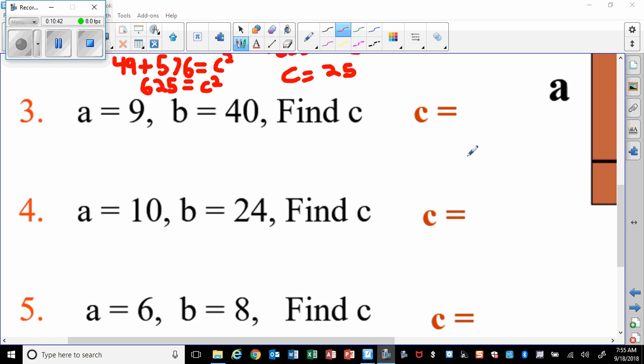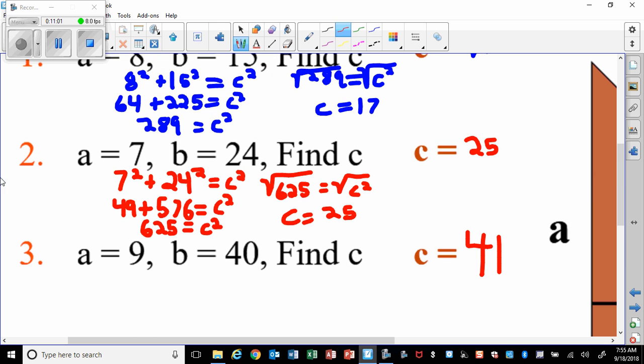Alright, so the answers here are going to be 41 for number 3, 26 for number 4, and 10 for number 5. Please remember that having the correct answer is not what is important right now. It is this part right here, showing all of this work, that is the important part of these problems.